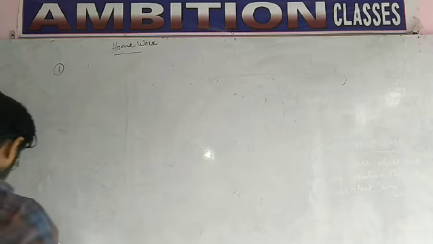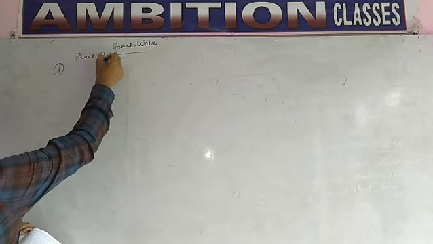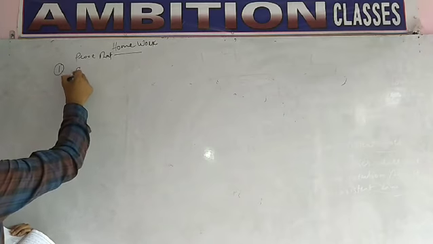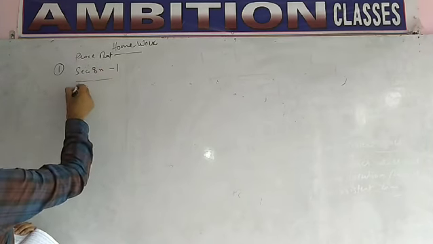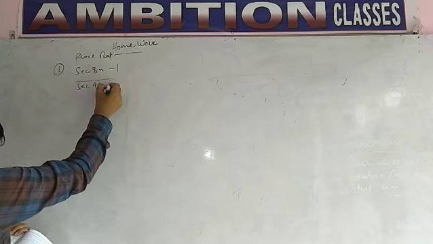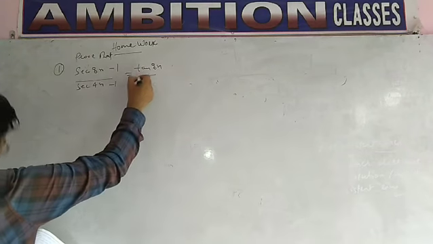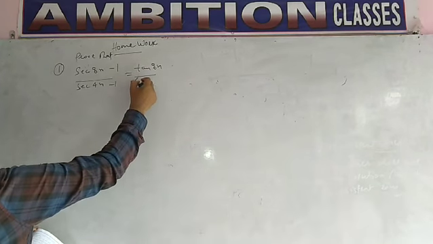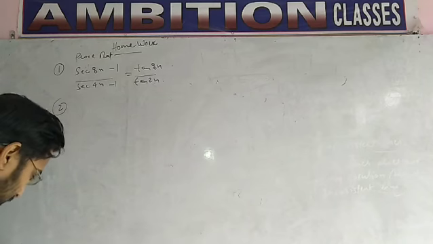Our first question is, prove that sec 8x minus 1 upon sec 4x minus 1 equals to tan 8x upon tan 2x. You have to prove this question, students.